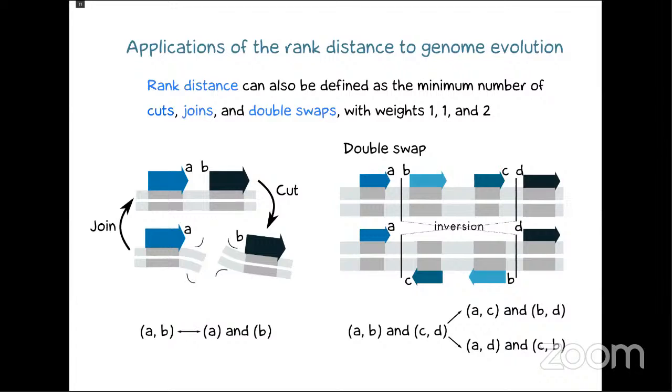Okay, so we have 2 options. If you have A, B, and C, D, you have 2 options for a double swap. You can link AC and BD or AD and BC. Okay, and the interesting thing is that the rank distance corresponds exactly to the weighted minimum operation distance, considering cuts and joins with weight 1 and double swaps with weight 2. That will give you exactly the rank distance computed with the matrices.